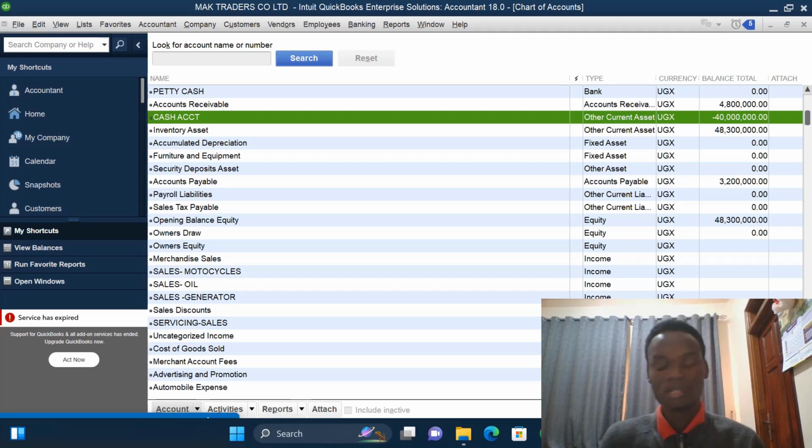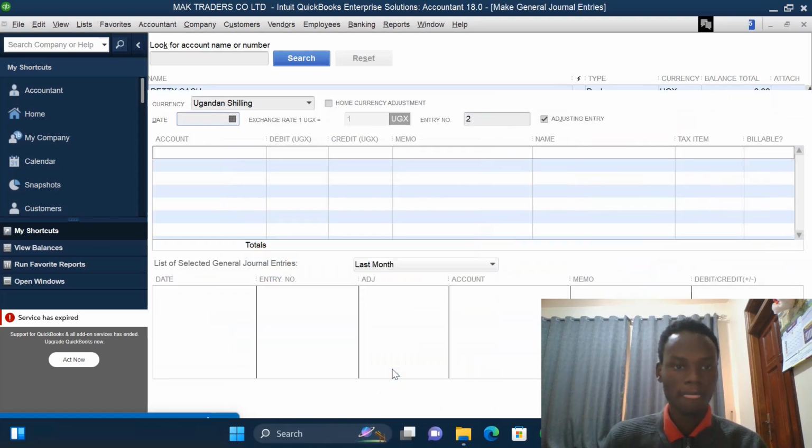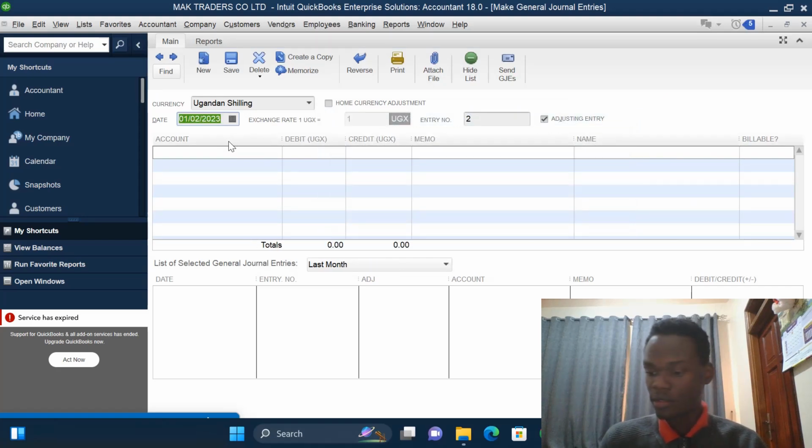So our next transaction says on 3rd January withdrew Kenya shillings 10 million from the bank for business shares. So that has drawing, so we'll still go ahead and create a general journal. We'll put in mind that it's on 3rd, so we'll change that date to 3rd.